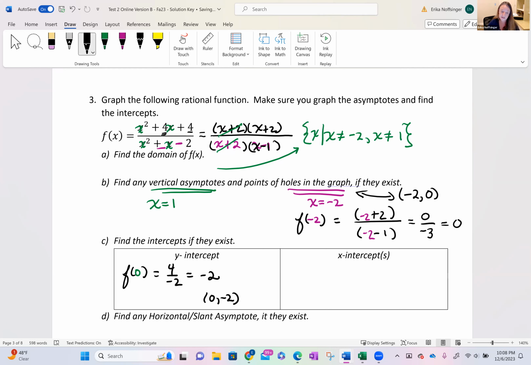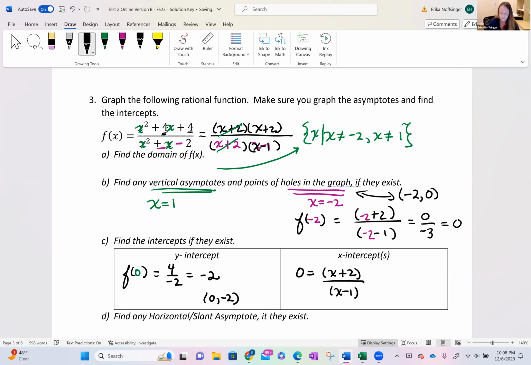My x-intercept is when my y value is 0, or f of x is 0. So we have 0 is equal to, technically, I can look at the reduced form, so x plus 2 all over my denominator, x minus 1.